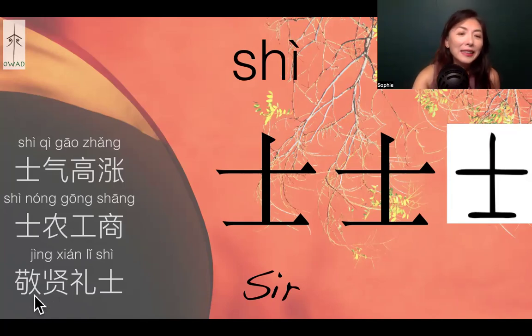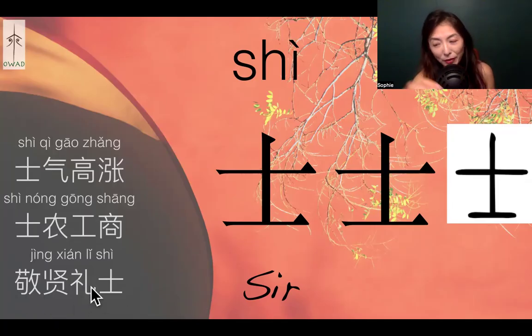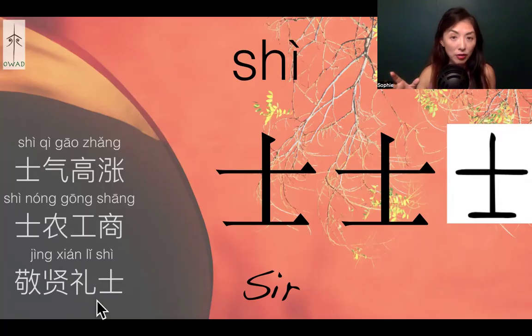Okay, 敬贤礼士. 敬 means respect. 礼 means treat them with a certain ceremony. And eventually this narrowed down to not only ceremony, but gifts. So both respect and 礼, this gifting or ceremonial treatment, is the behavior expectation of whoever is leading this group of sirs.